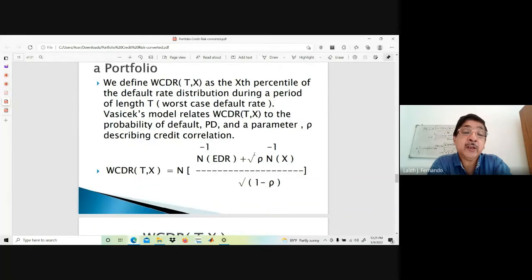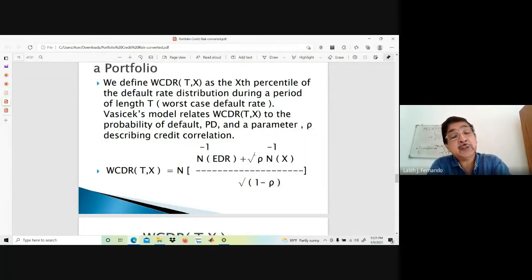Worst case default rate of a portfolio during a period of time. Now, for example, say you want to get an estimation of a portfolio and you expect that the portfolio would have a difficult time in the time to come, with a downturn in the economy or whatever.